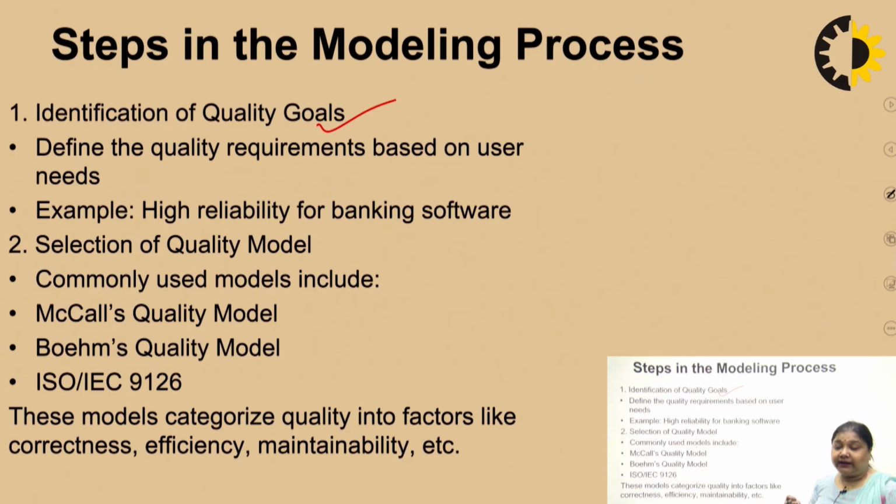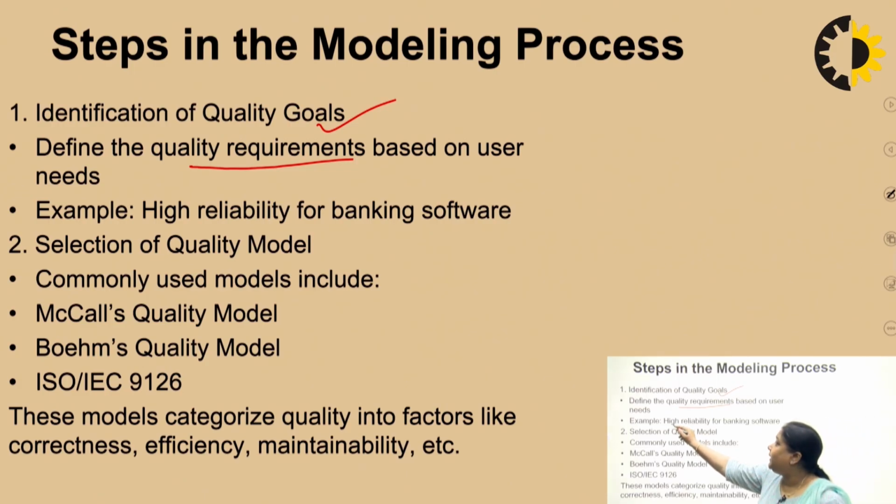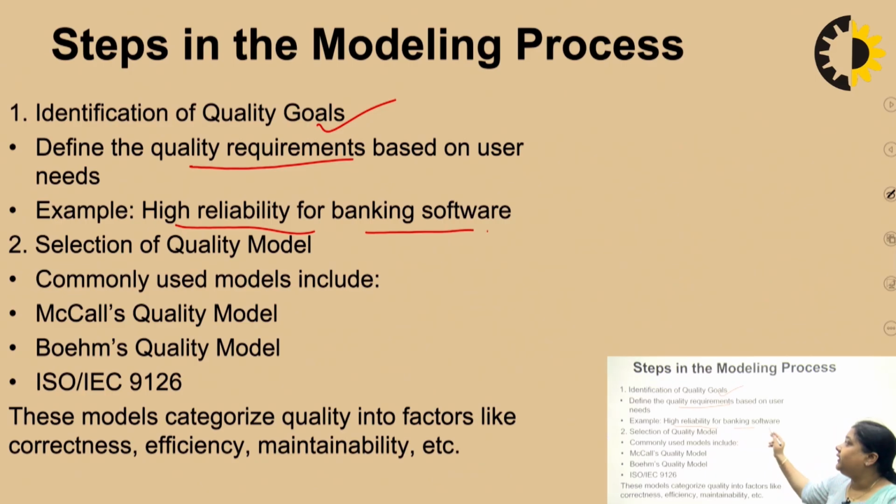That is also the first step in the software development life cycle, requirement gathering, the requirement actually needed by the customer or the user, and we have to analyze what the quality requirements are. Identifying these requirements is the first step in our modeling process. For example, high reliability for banking software.